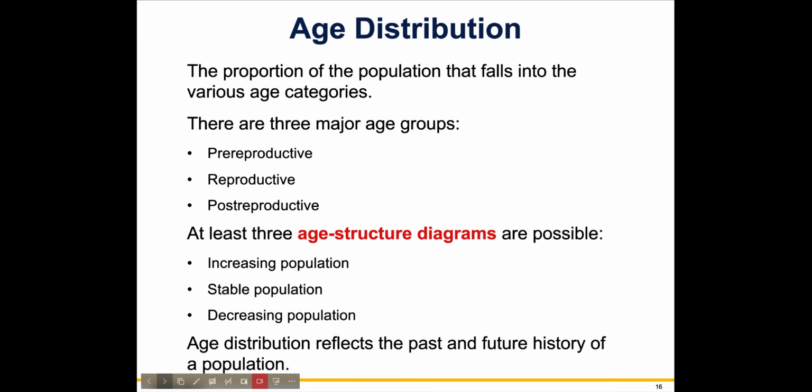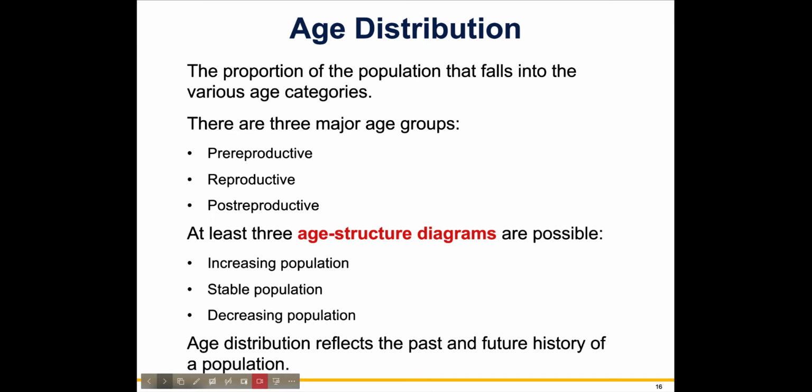If we have a lot of pre-reproductive individuals that are then going to age into reproductive age and eventually post-reproductive age, what we're seeing is an increase in the population. The more pre-reproductive aged that then become reproductive and have their own offspring, then the bigger the population gets. If we have a stable population, it's that we have that largest group at reproductive stage.